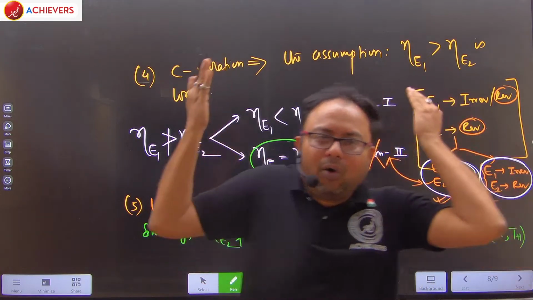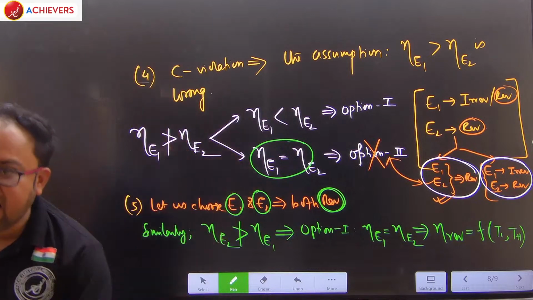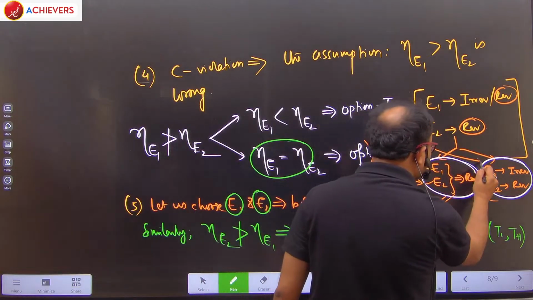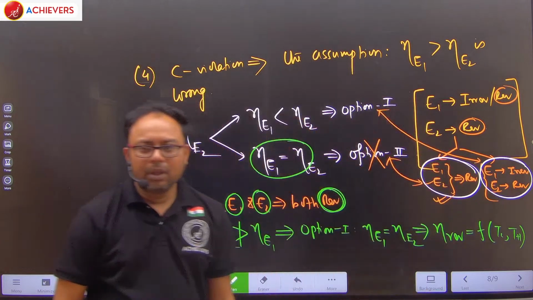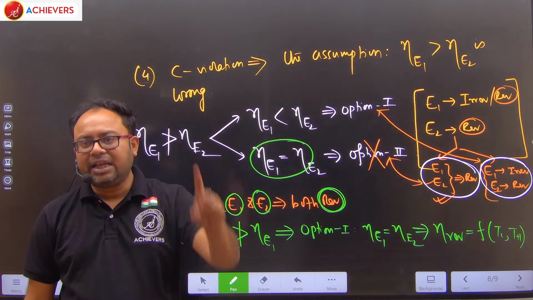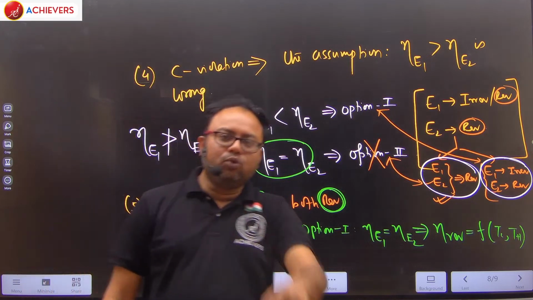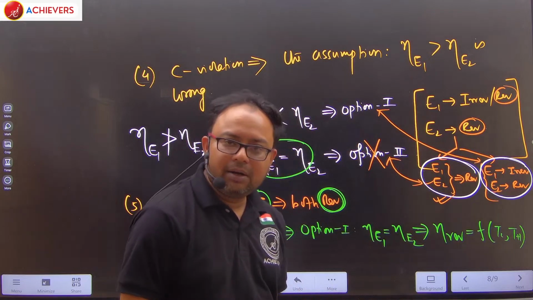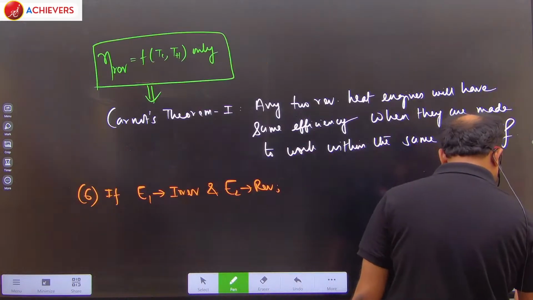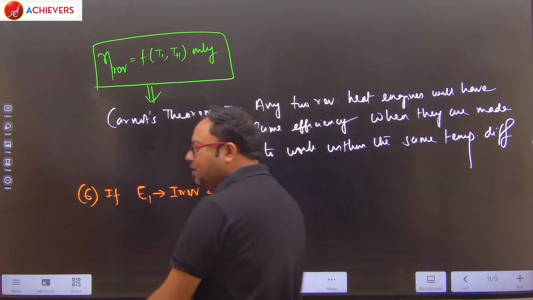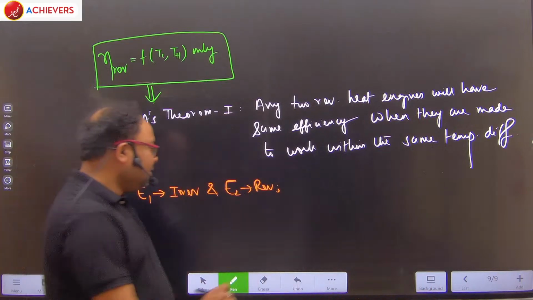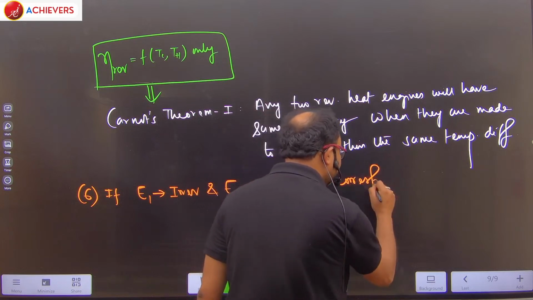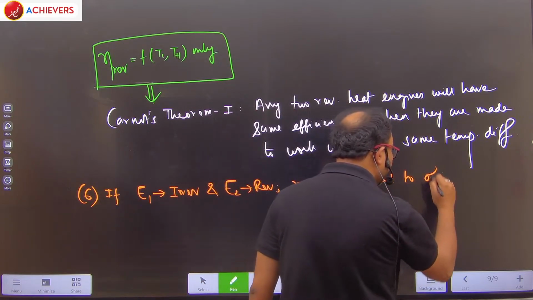So the only way that is left out is that this choice must correspond to option 1. This choice, E1 irreversible and E2 reversible, must correspond to option 1.